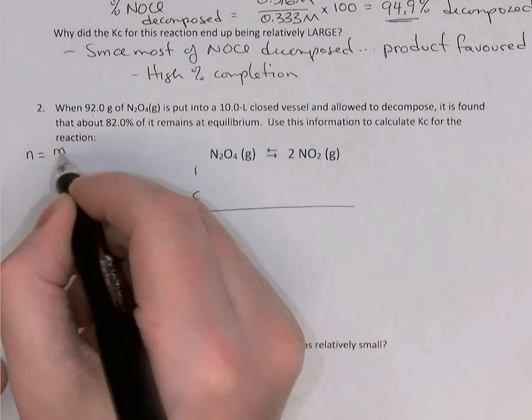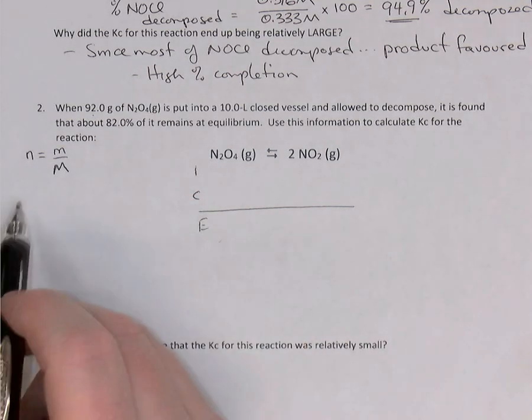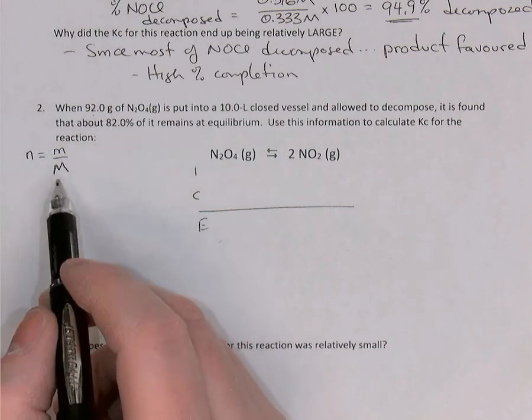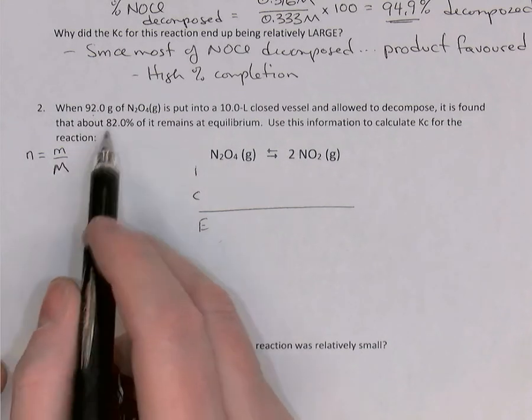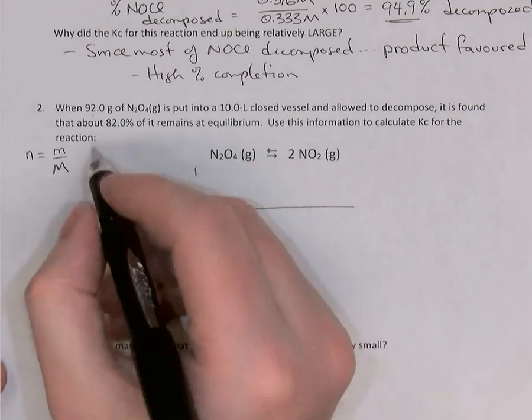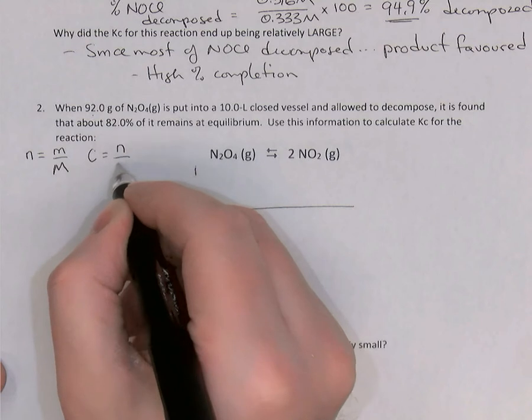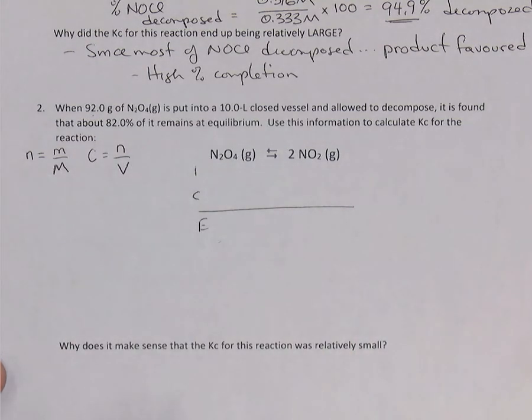Moles is mass divided by molar mass. So little n, moles, is the mass, 92.0 grams, divided by the molar mass of N2O4. Once you have your moles, then you can find concentration by taking the moles and dividing by the volume in liters. So that's one way to do it.